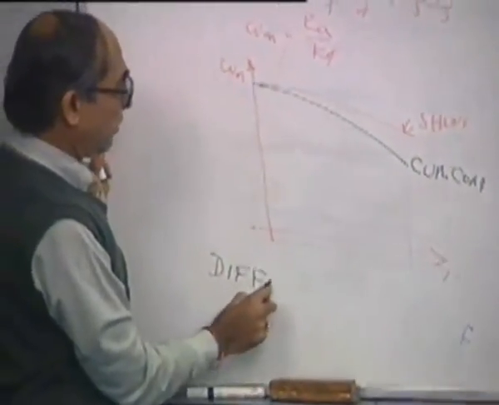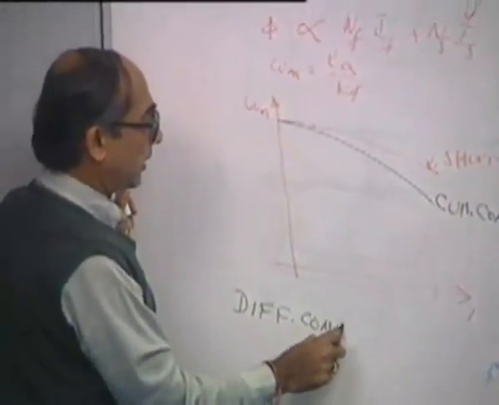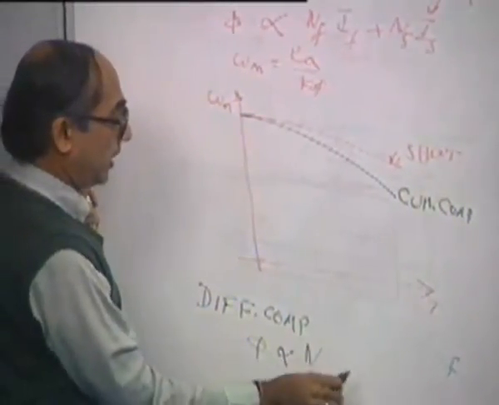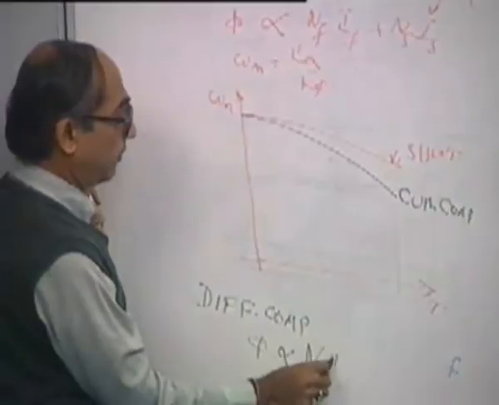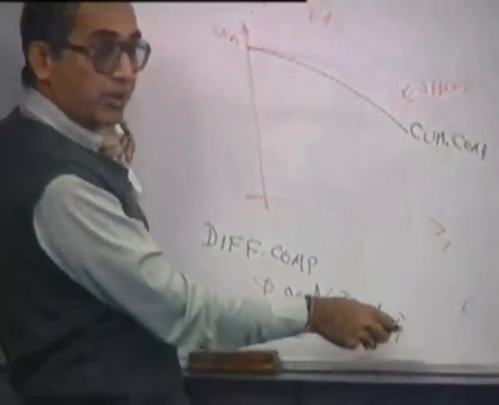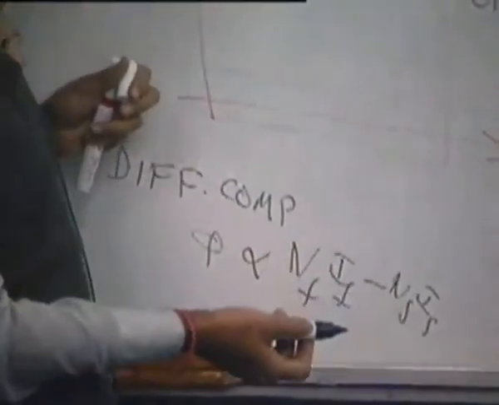so it is differential compound, then your flux will be proportional to the difference, that is NFIF minus NSIS. That means as you load the machine, there is a decrease in flux.